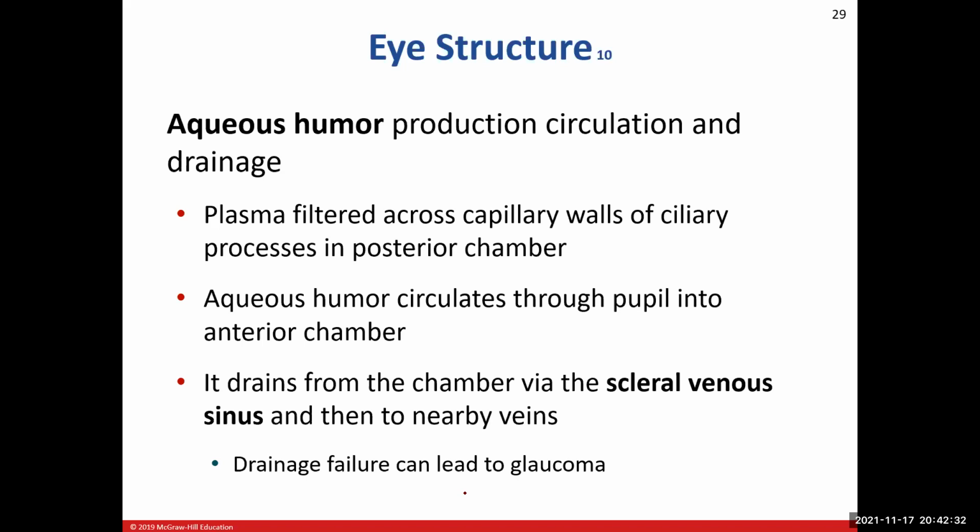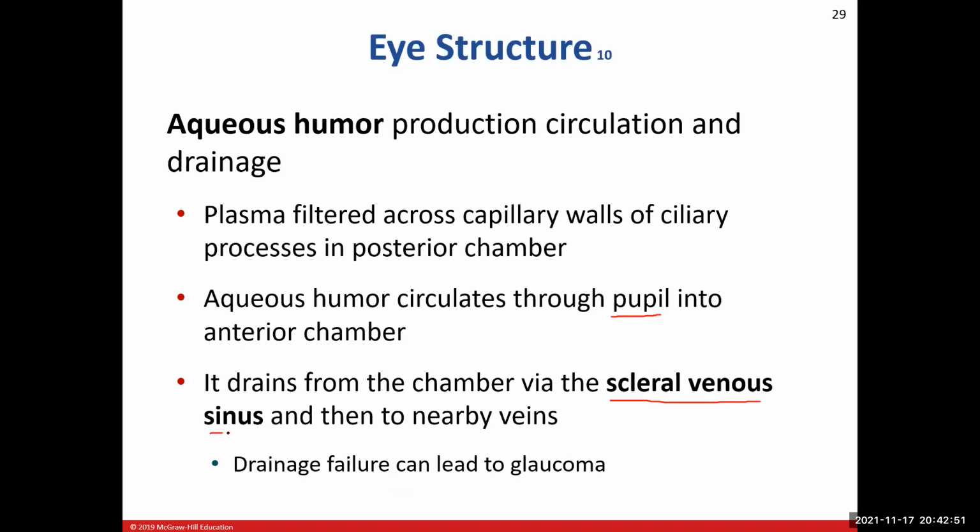But here's what happens. It circulates into the anterior chamber through that opening of the pupil in the iris. Then it drains out of the anterior chamber through that little hole that I was showing you before called the sclerovenous sinus.